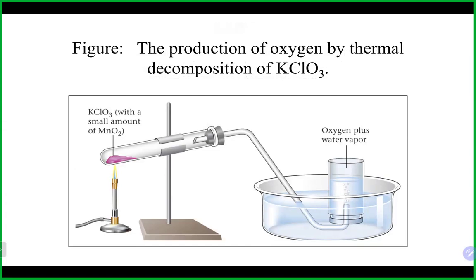For example, if you took some potassium chlorate and put it in a test tube and heated it up, it would go through a decomposition reaction and produce some KCl and some oxygen gas. Probably some balancing is needed here, maybe a 2 and a 3.